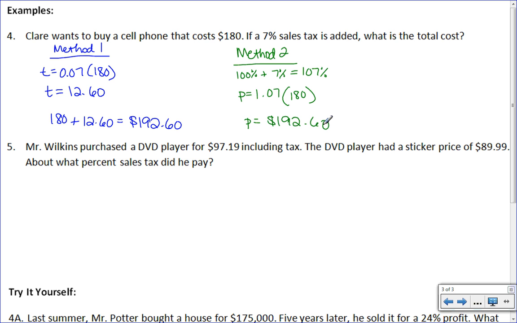Here we have the whole is $89.99, but we're looking for the percent, and we don't know what the part is that represents the sales tax. But we can find it. We know that this price includes tax, this price, $89.99, does not. So let's subtract them to see at least how much he paid in tax.